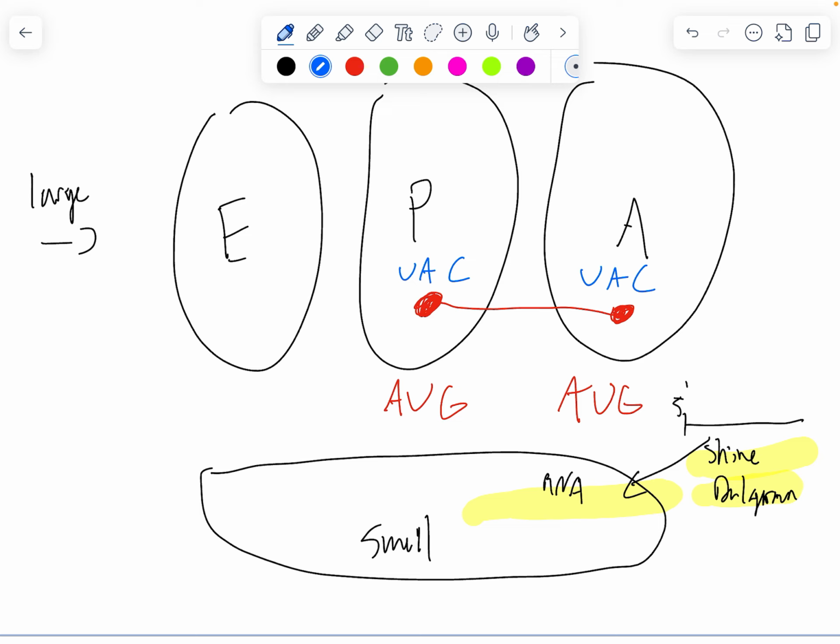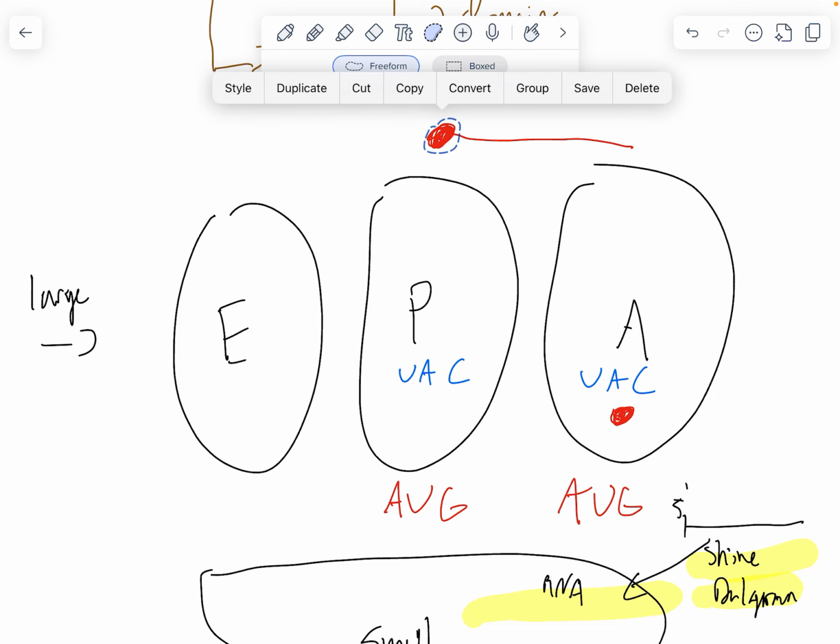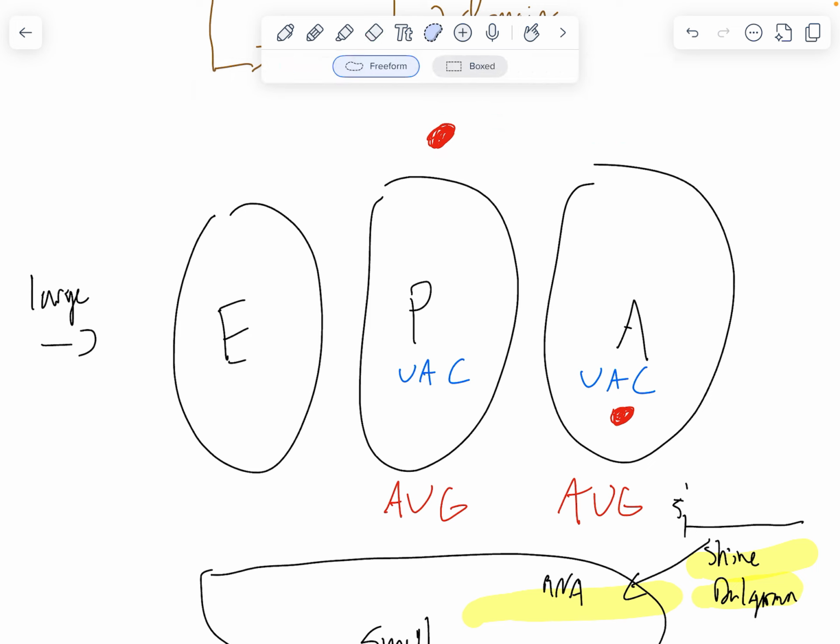So then I'm going to have another translocation event. And so what's going to happen is that this methionine is going to come up out of the ribosome. This methionine goes into my P site, we'll just say, for simplicity's sake, that we have another methionine coming in.